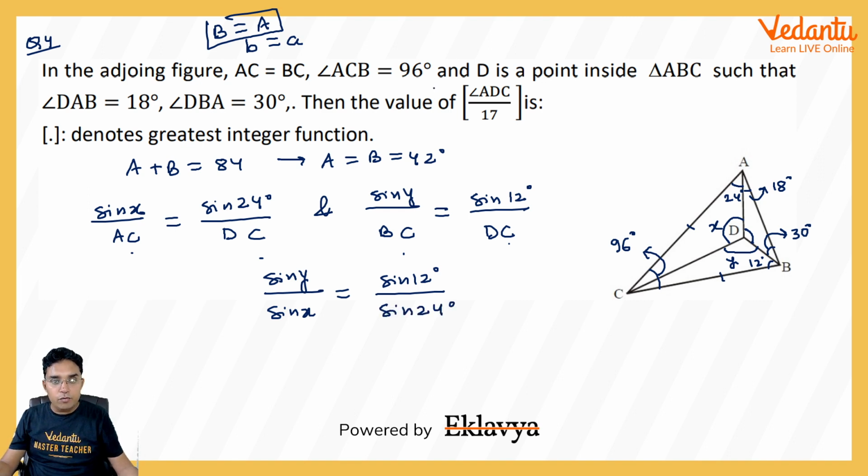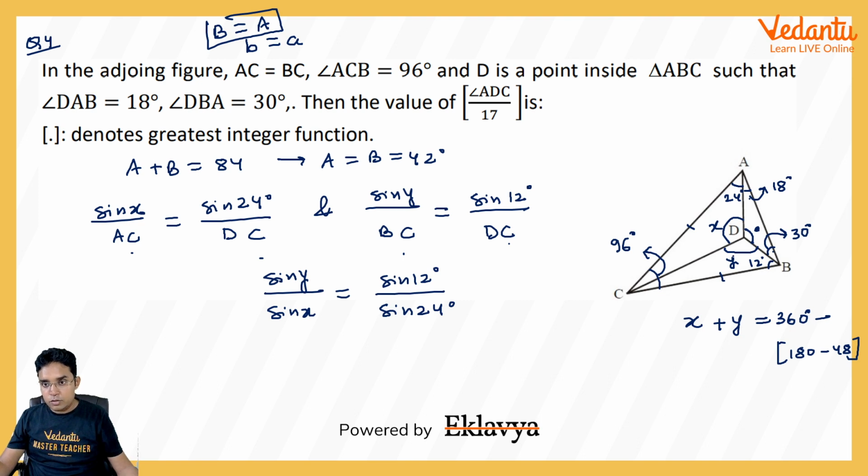Now we have to find X, and we know that X plus Y is equal to 360 degrees minus this angle, and this angle is 180 minus 48. You can check, because the sum of these two angles is 48, so this remaining angle will be 180 minus 48.